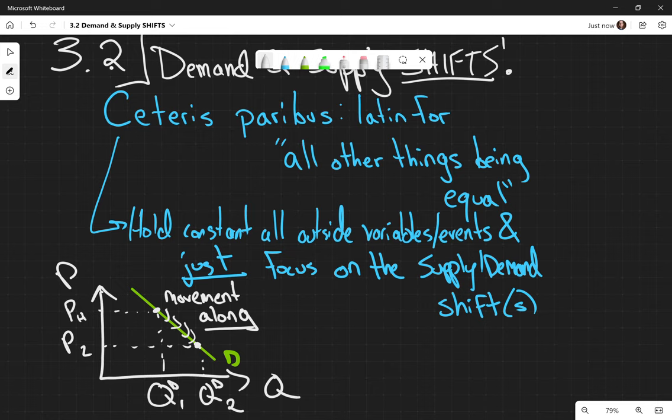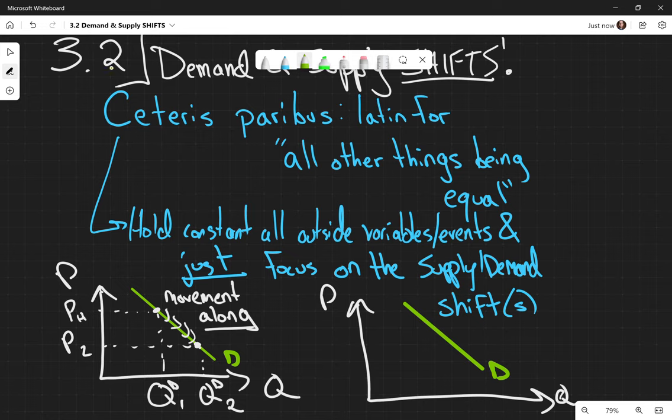Compare that to a shift in demand, which is going to look something like this. So this is a movement along the demand curve.